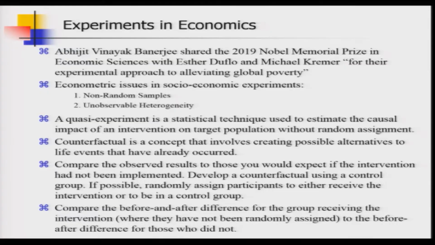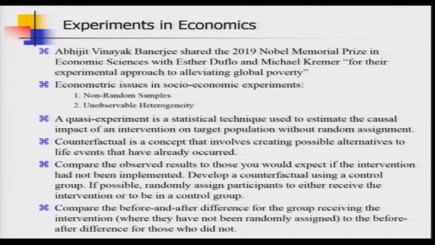In that method, for both the treatment group participants and control group participants, we compare the before and after scenarios. Basically, we compare the before and after difference in the outcome variable for the group receiving the intervention, even if they are not randomly assigned, to the before and after difference in the outcome variable for those who did not receive that treatment, that is, those in the control group.